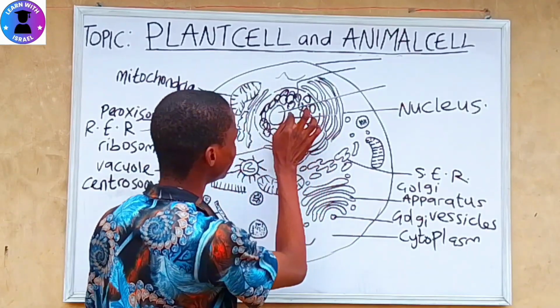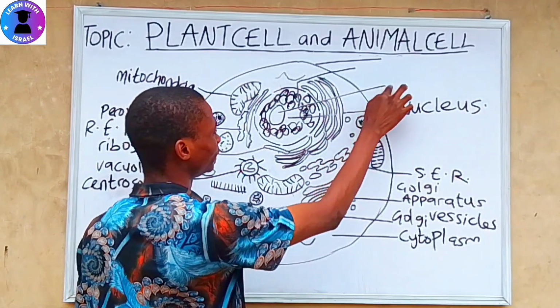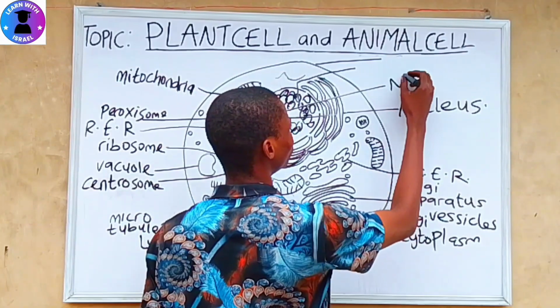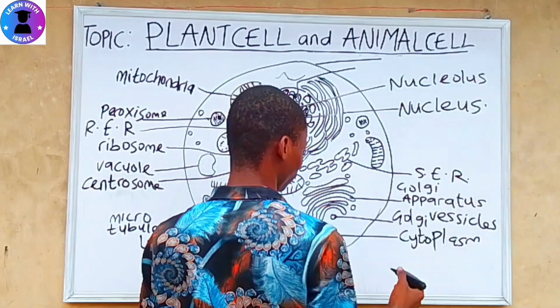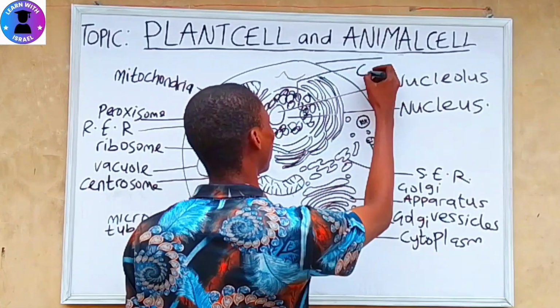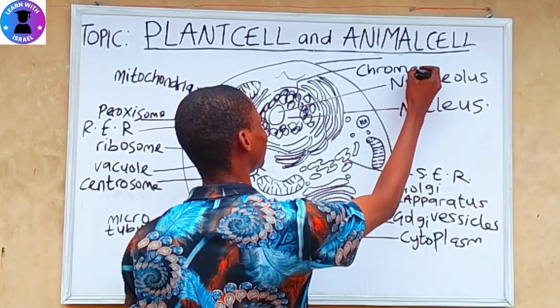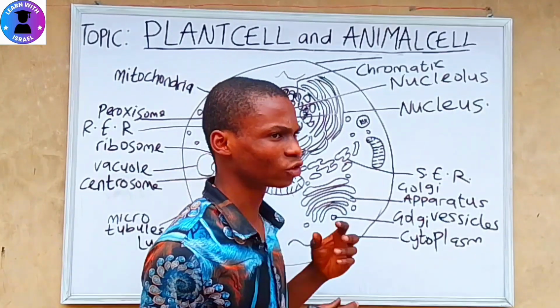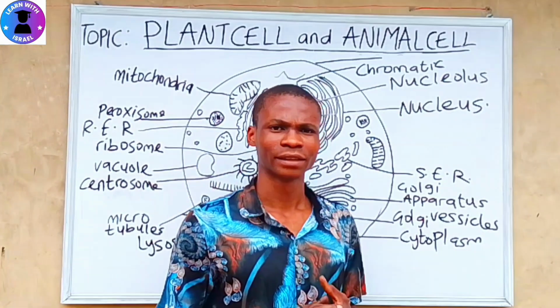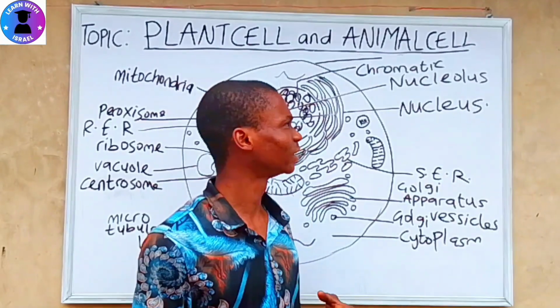While this one here is the nucleolus. Nucleolus produces ribosome. And the next one we have the chromatin. Function of chromatin is the storage of genetic information. It stores genetic information.